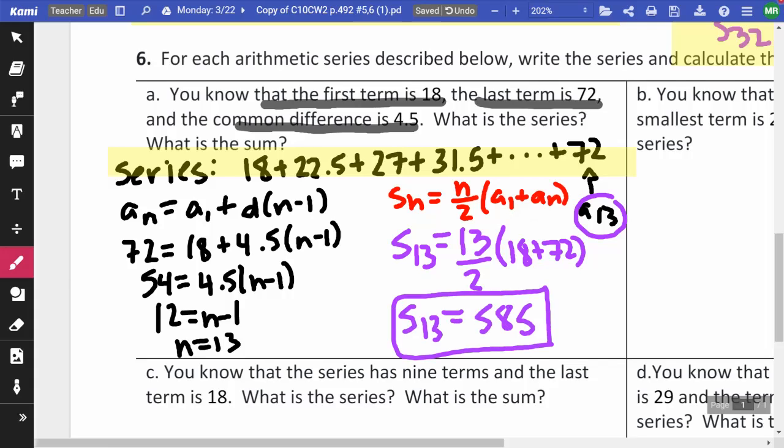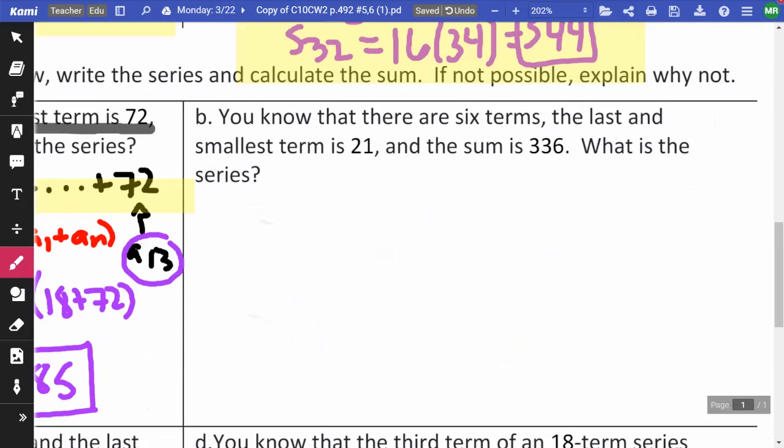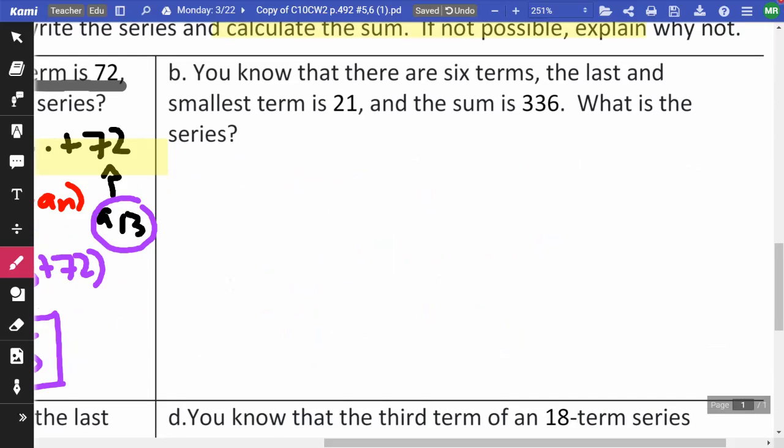Okay, on B. So this time we know we have 6 terms: 1, 2, 3, 4, 5, 6. And I know that the last one, and the smallest term, is 21.